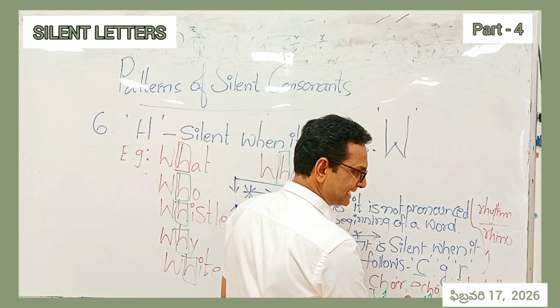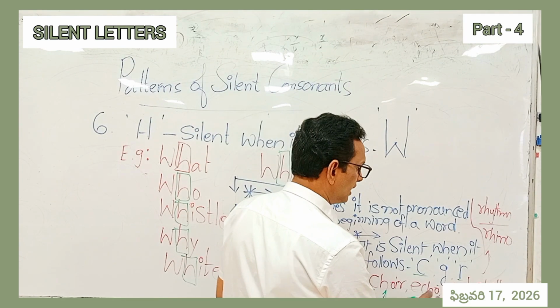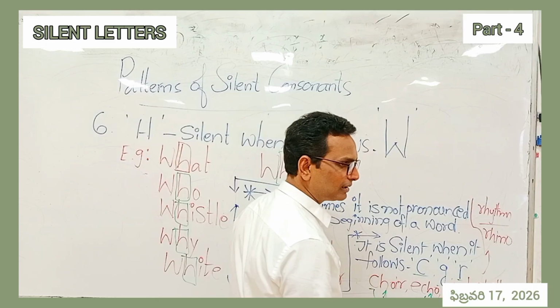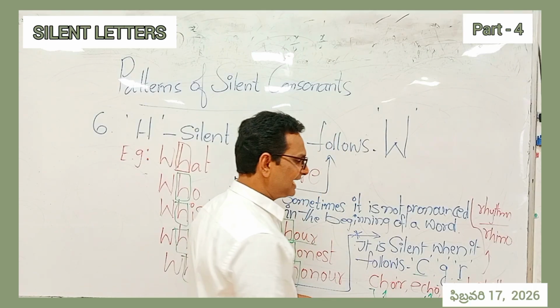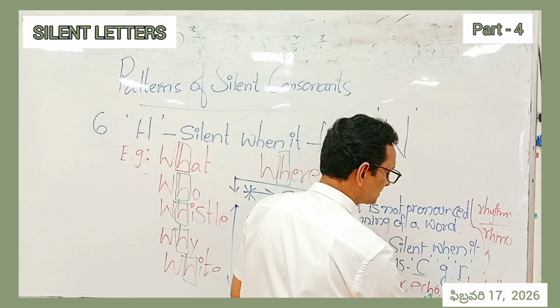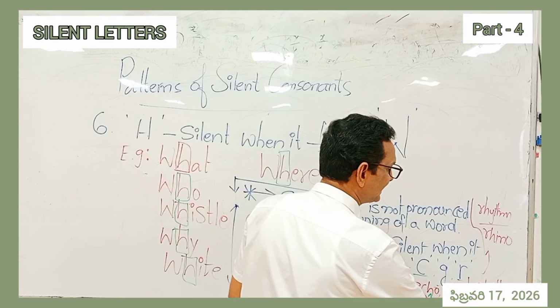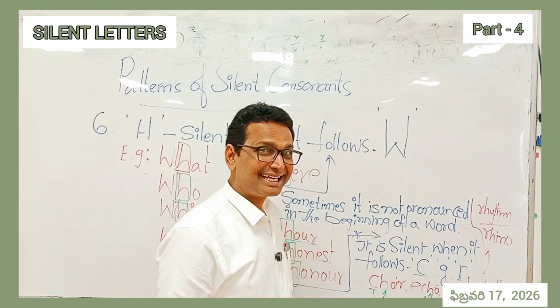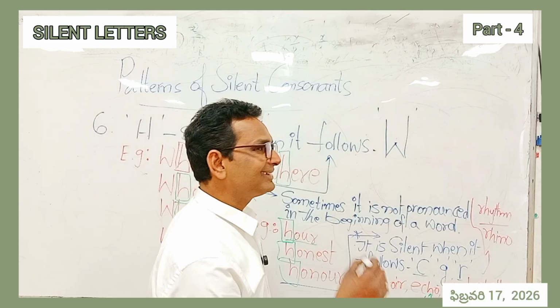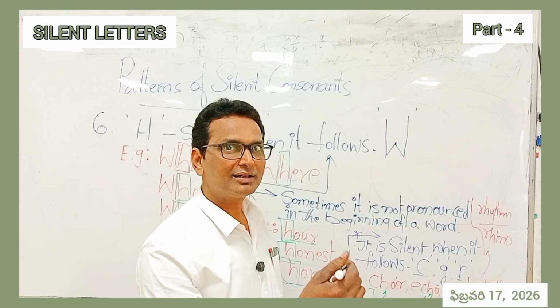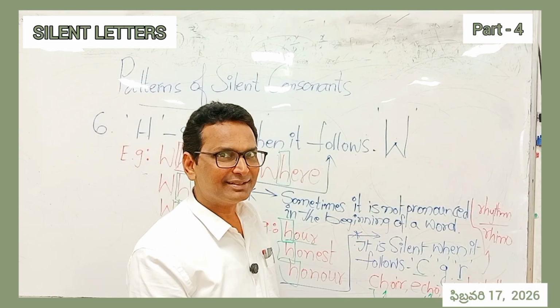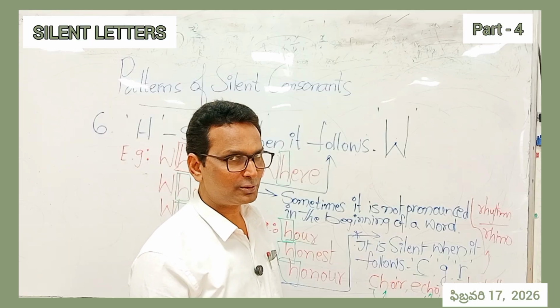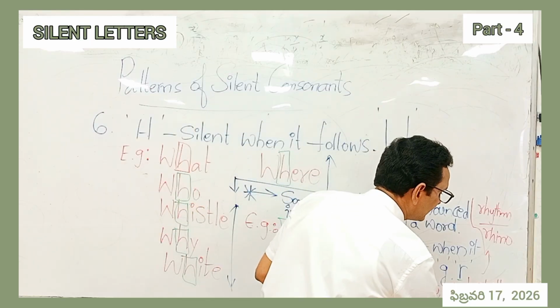And GHOST, people say it wrongly, it's just "ghost". And GHETTO. In Telugu we write ga, gha, but here it's not the second sound, because H is present. So here H is silent.